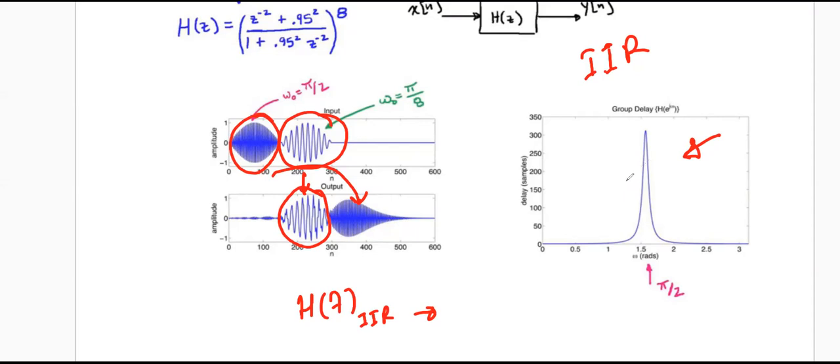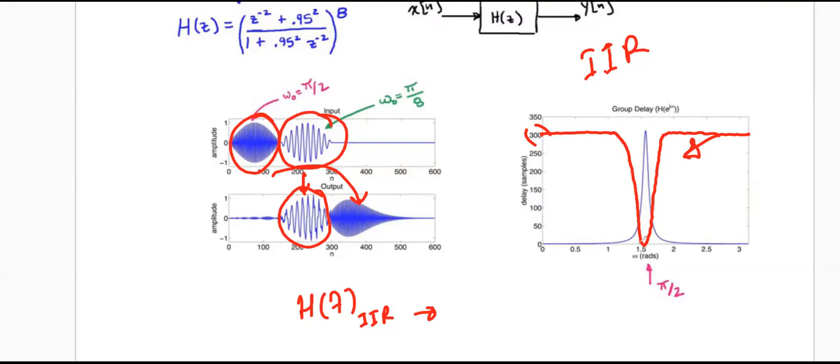Let's say they have this kind of scenario for the group delay, where the low frequency component has a 300 sample delay, and the high frequency component, pi by 2, has no delay.